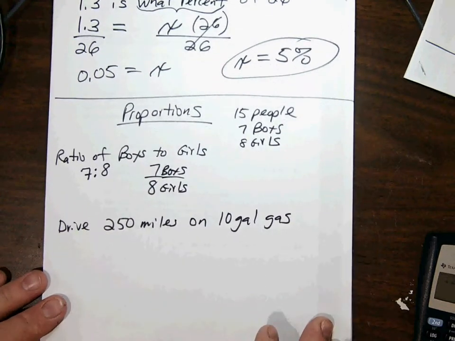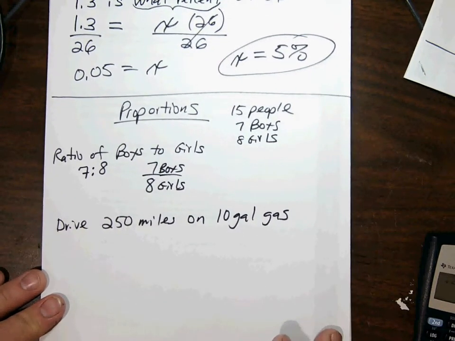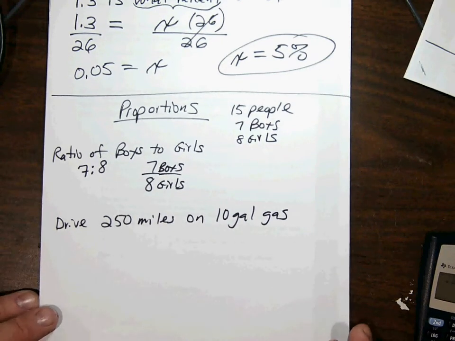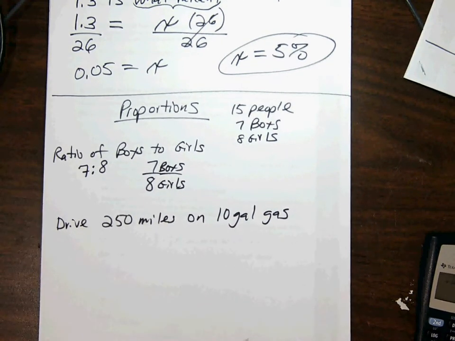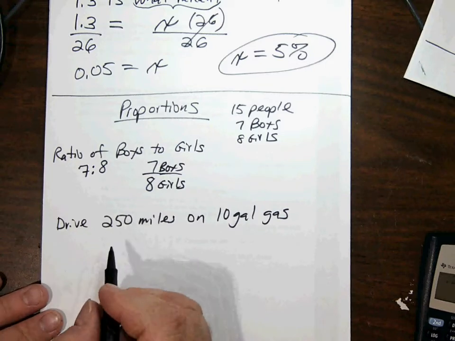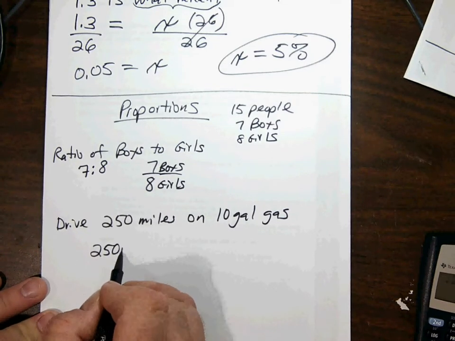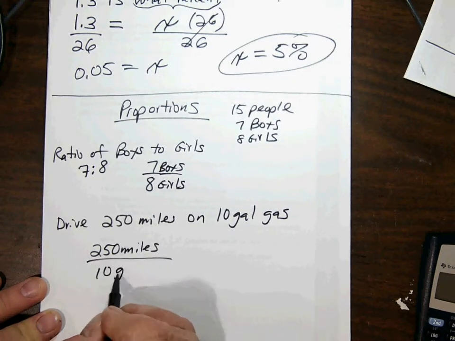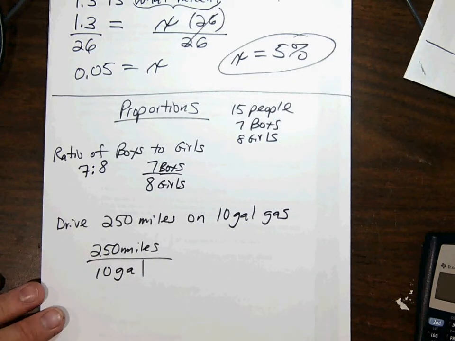What's my miles per gallon? It's an average because I've gone faster, I've gone slower, I've been sitting at stoplights and all that stuff. But on average, what's my rate? Well, 250 miles per 10 gallons. That's my rate.